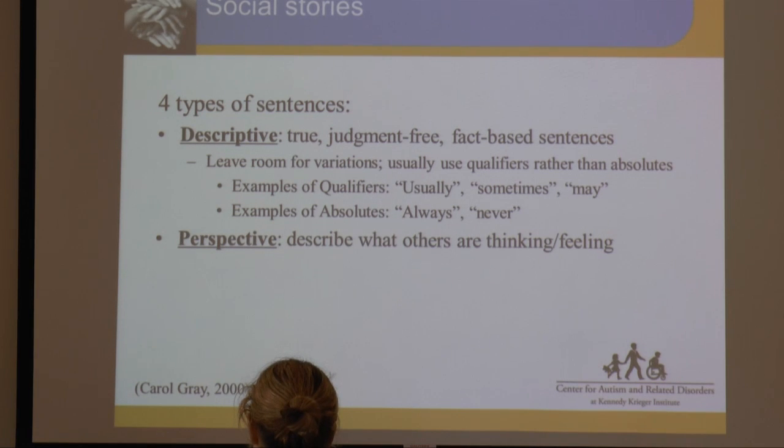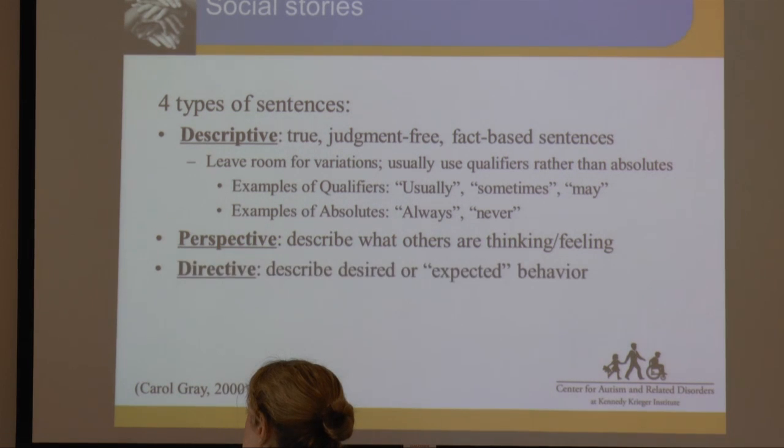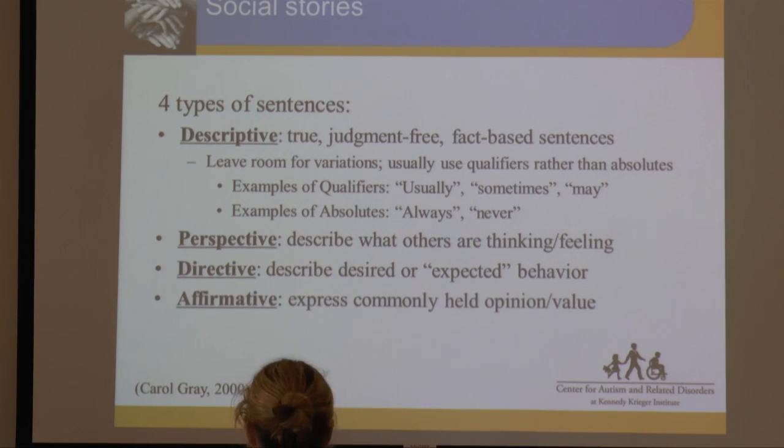Then there are perspective sentences, which describe what others are thinking and feeling, and help get at some of that social thinking. Directive sentences are the ones that tell kids this is the expected behavior. This is what you should do. And the last kind of sentence she recommends is affirmative sentences, which express some commonly held opinion or view, something that's culturally expected.